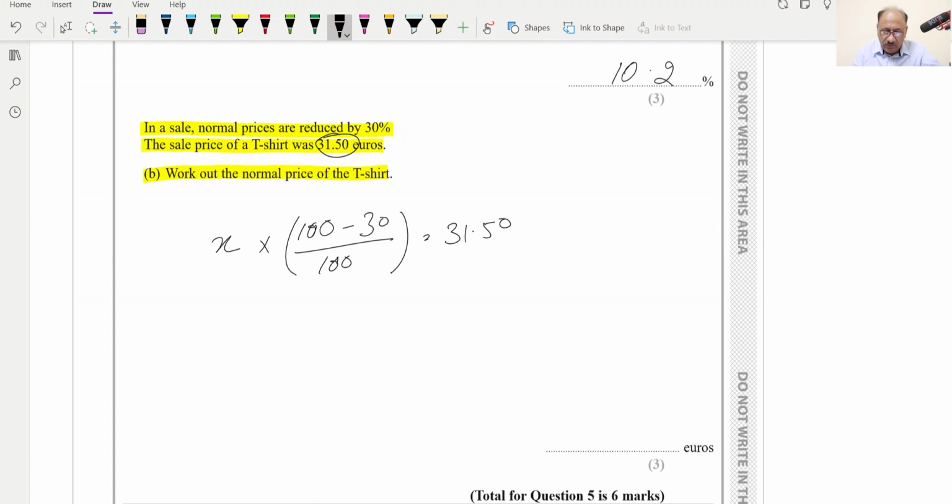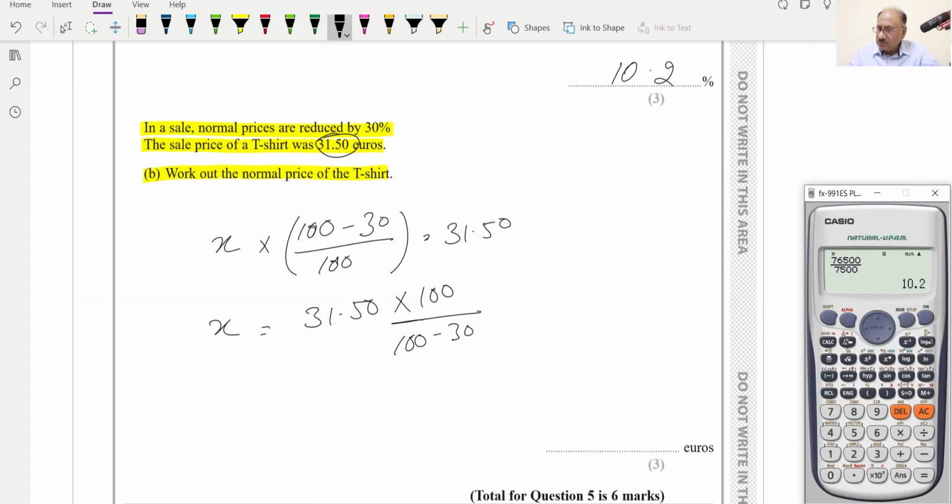Now we can shift this term to the other side of the equality, and we get X equal to 31.50 multiplied by 100 and divided by 100 minus 30. The rest is just calculation. 31.50 multiplied by the fraction 100 over 100 minus 30 is equal to 45.